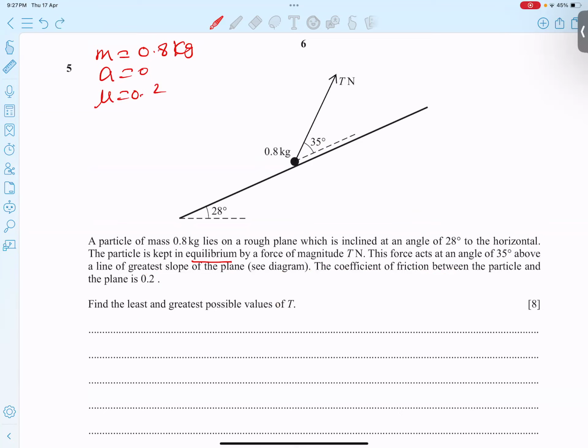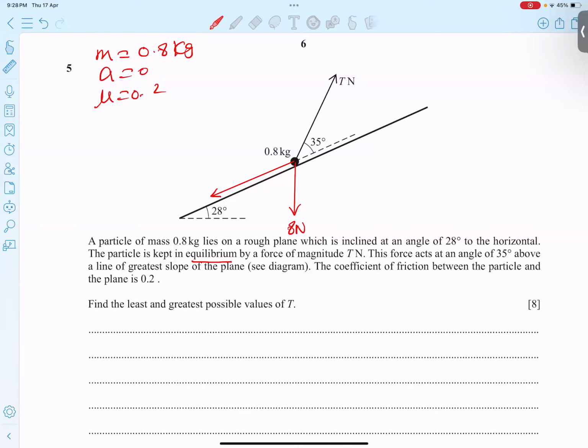So first of all, students, what to do? We will find one component first, of all the mass. This mass into 10 becomes 8 newtons. And the weight component acting downwards, whatever the situation is, is mg sine theta. What is mg sine theta?